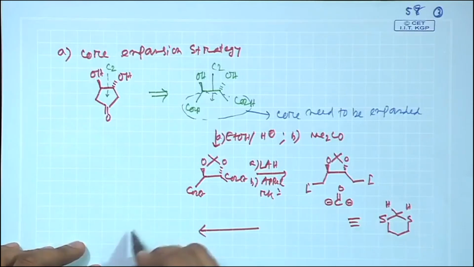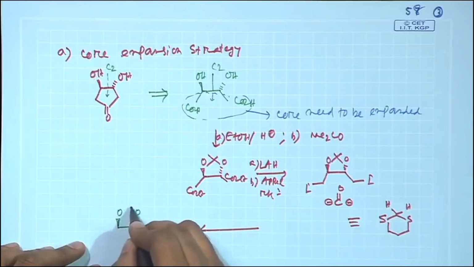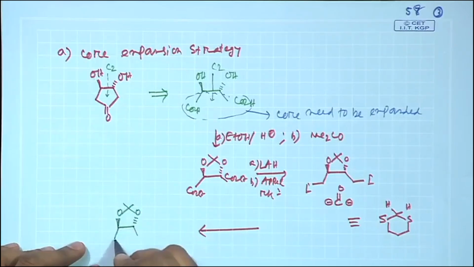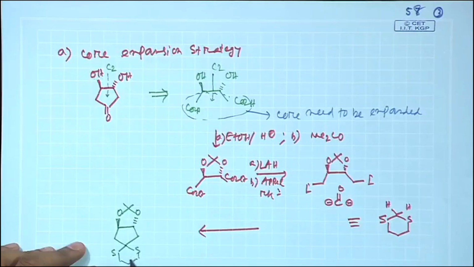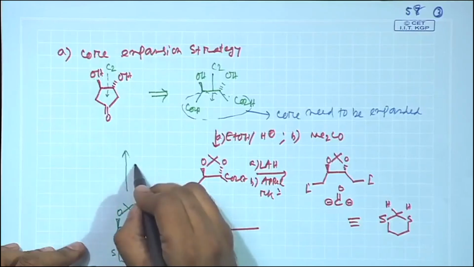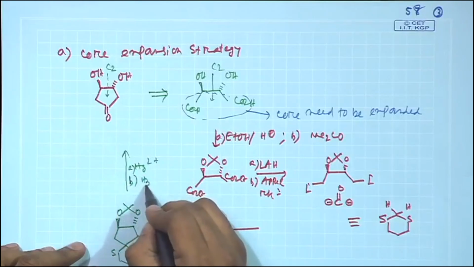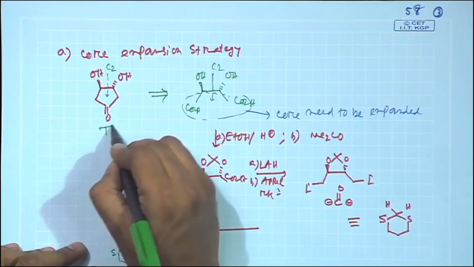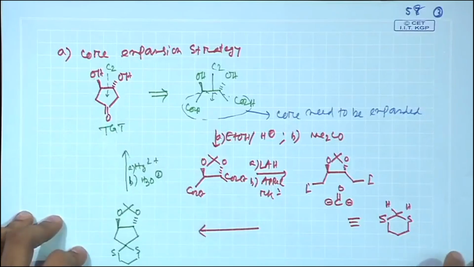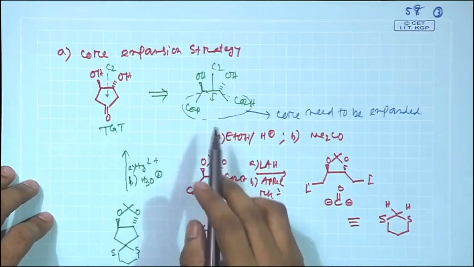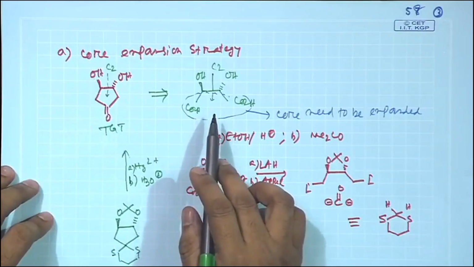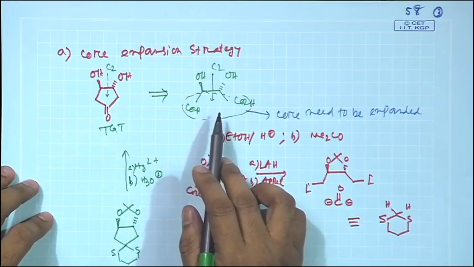After this alkylation, your synthesis will be almost completed. The only thing is you need to remove the dithiane group by Hg2 plus first, and then you remove the acetonide protection by acidic treatment, and you get your target molecule. So, this is in principle the core expansion strategy, and the C2 symmetry remains intact.